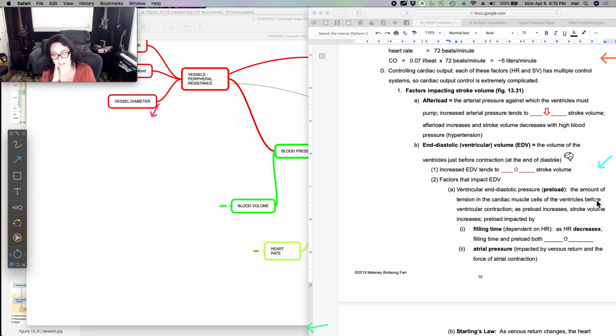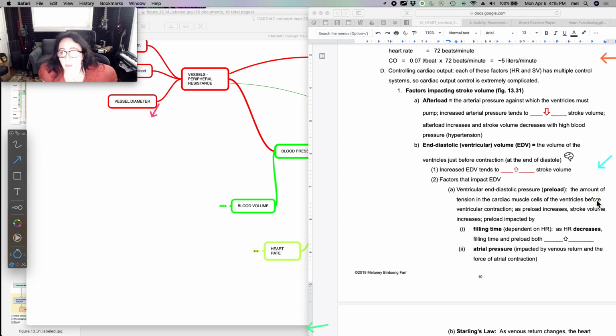So the ventricular end diastolic pressure, also called preload, has to do with how full the ventricles are, the amount of tension in the cardiac muscle cells of the ventricles just before ventricular contraction. So as preload increases, stroke volume increases. So get them fuller and you're going to get more in there and therefore more out.